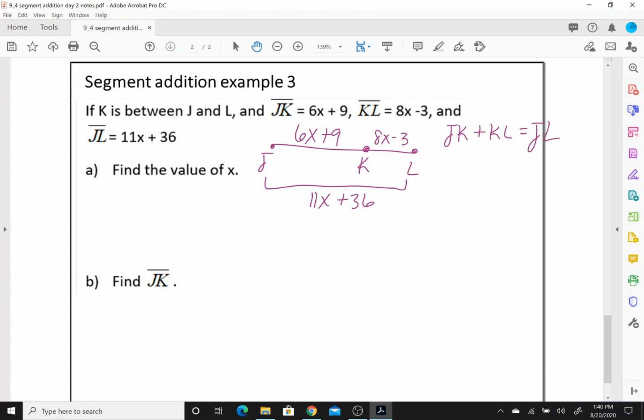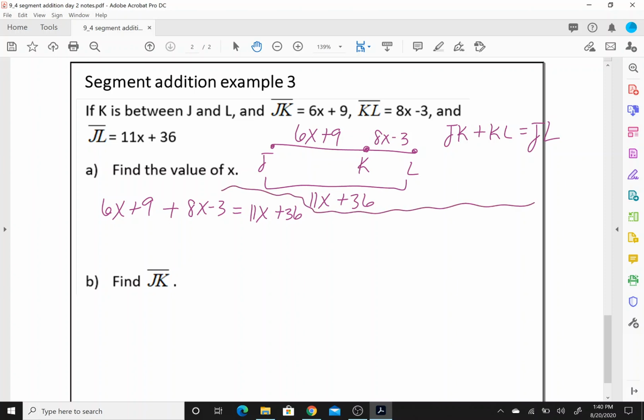All right, that's this equation right here, the geometric equation. So now I'm just going to plug in the different pieces. So I have 6x plus 9, because that's JK. Now KL is this 8x minus 3. When I add them, I should get the 11x plus 36.